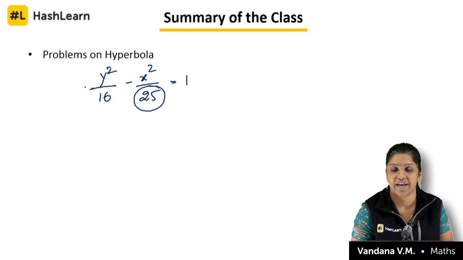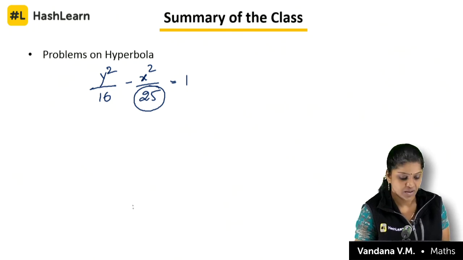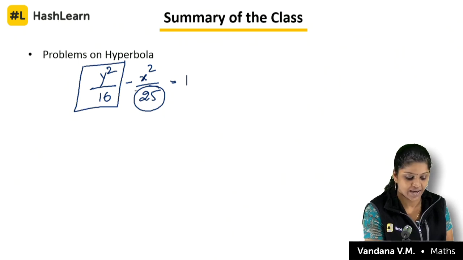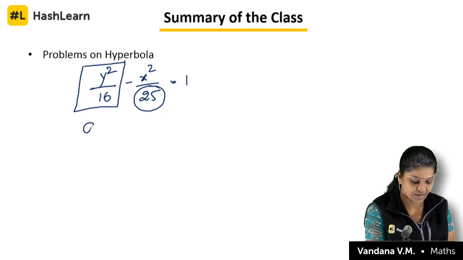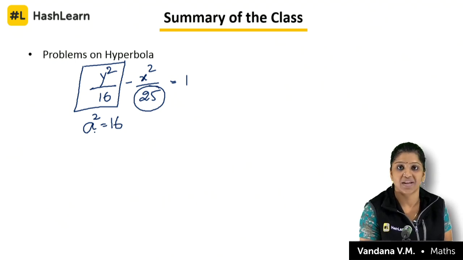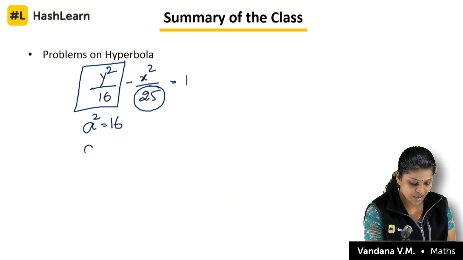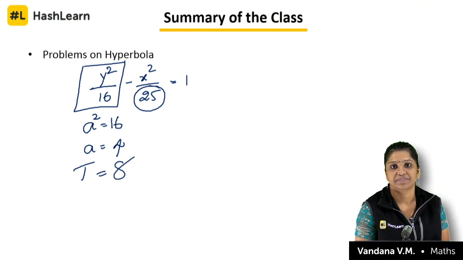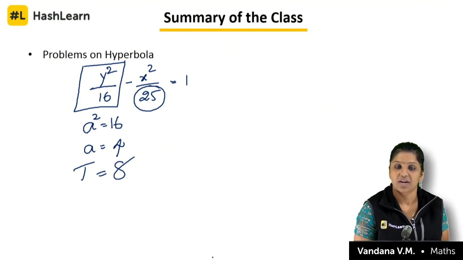No, it is longest side minus shortest. So, this gives you a square. a square is 16, not the 25. That is very, very important. a is equal to 4, then the length of the transverse axis will be 8.